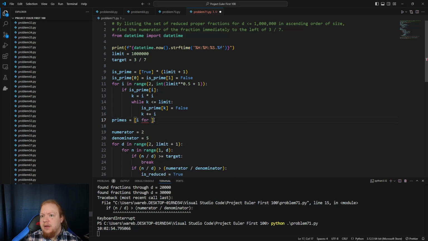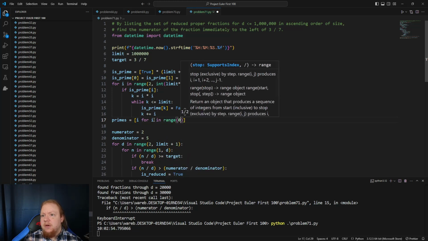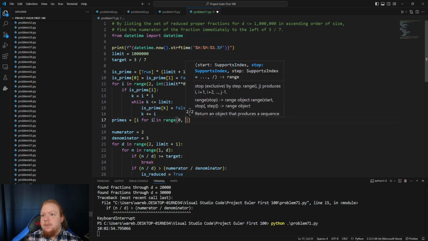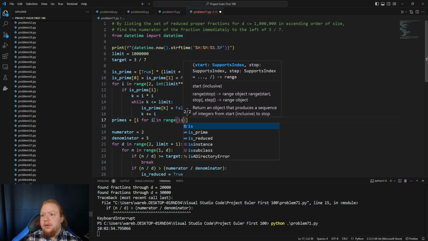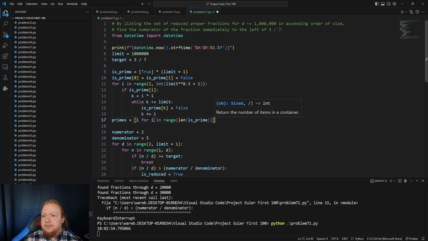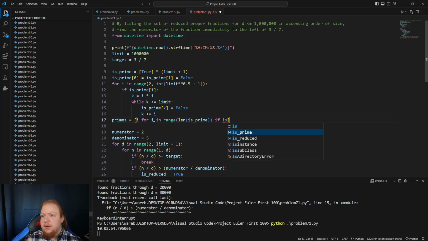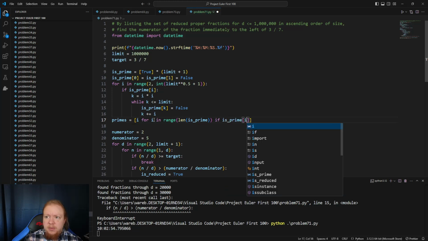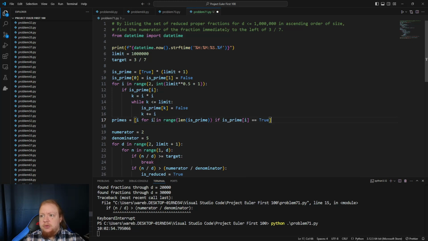So for i in range 0, or rather, length of is_prime, if is_prime of i equals true. I think that'll do it.